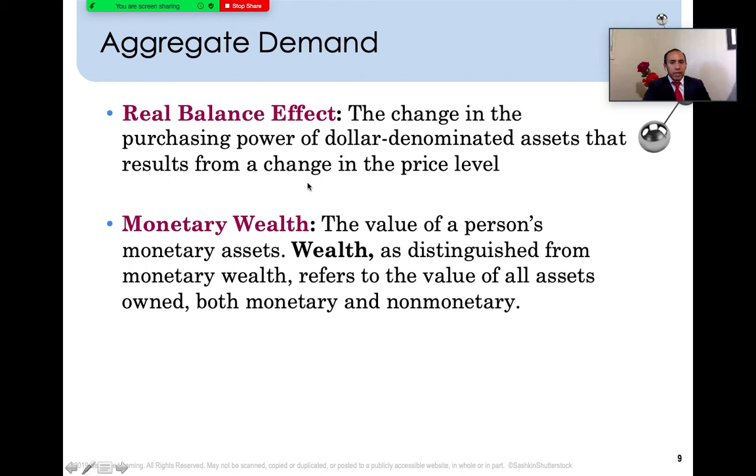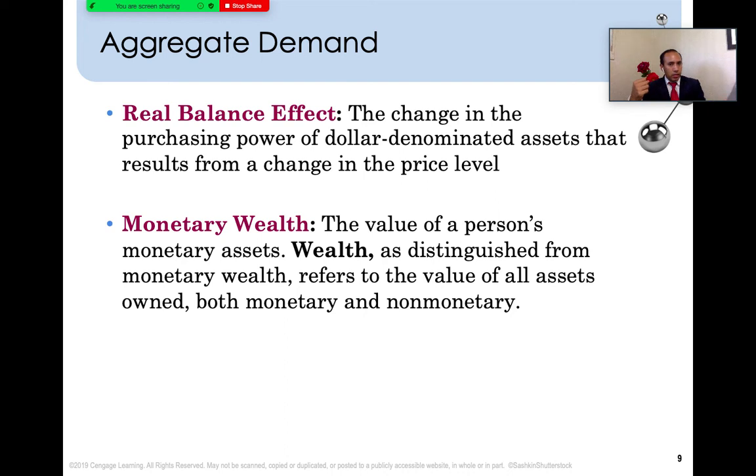The real balance effect specifies that when there is a change in the price level, there is a change in the purchasing power of dollar-denominated assets that may be affected. Let me clarify on the real balance effect: when the price level drops, any asset that is quoted in the price level may be affected.